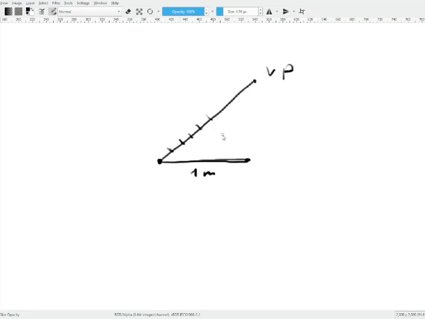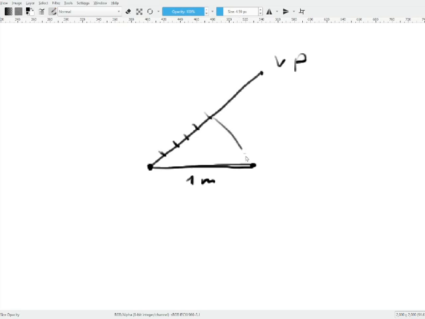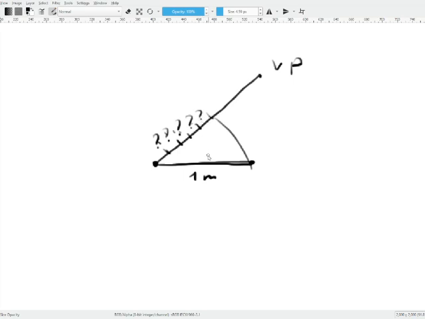But we know that during perspective projection, lengths are usually reduced, so we could figure out that it should be one of these ones. But which exactly is 1 meter long is impossible to figure out, at least with the lack of information.